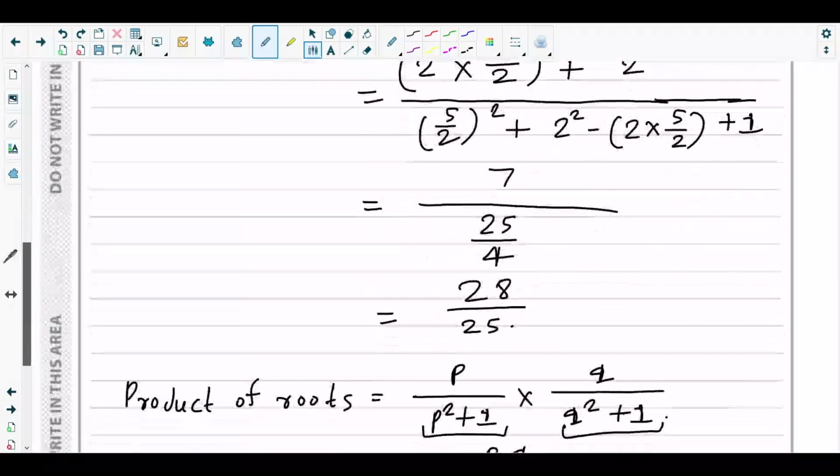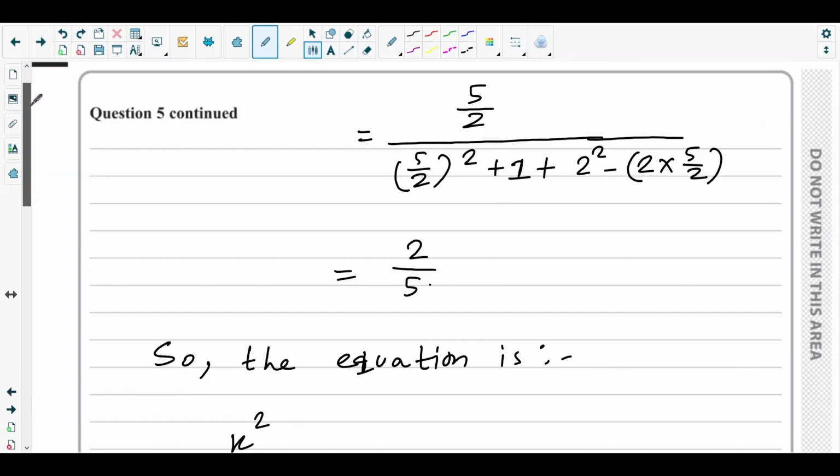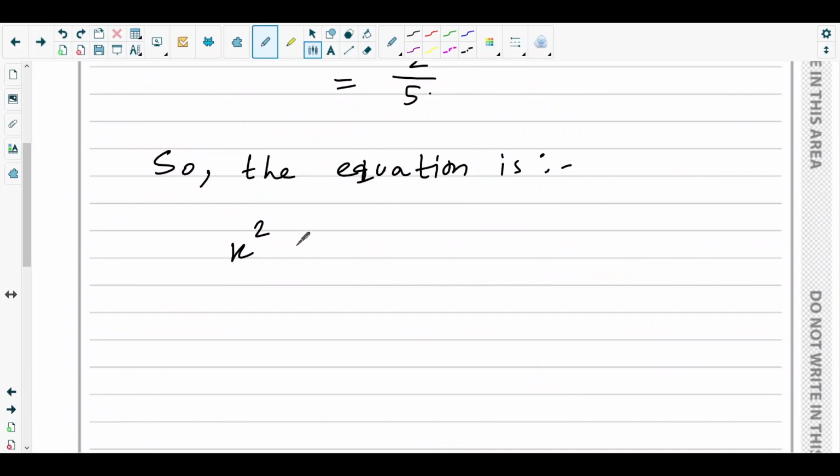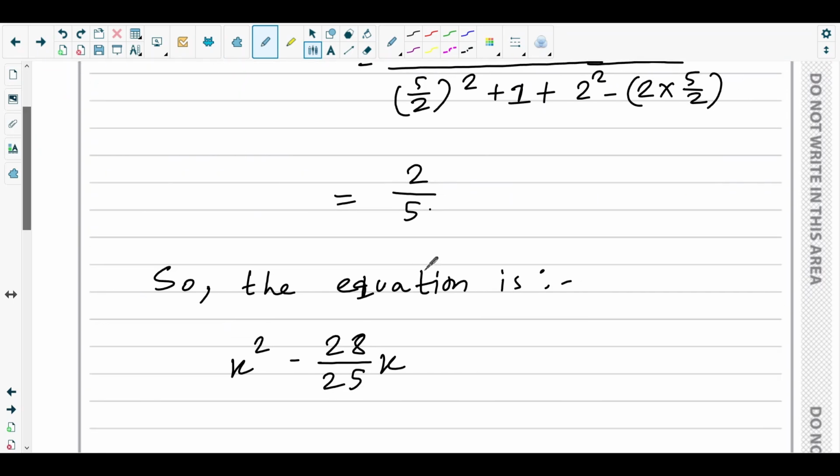So negative of the sum of roots, which is negative 28 over 25, so minus 28 over 25 x, and the constant would be plus 2 over 5, the product of roots.